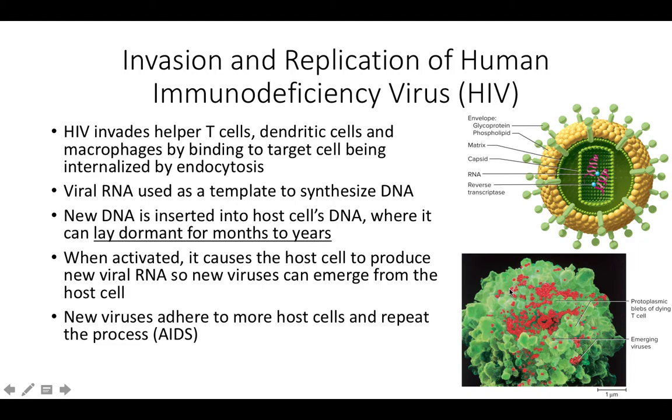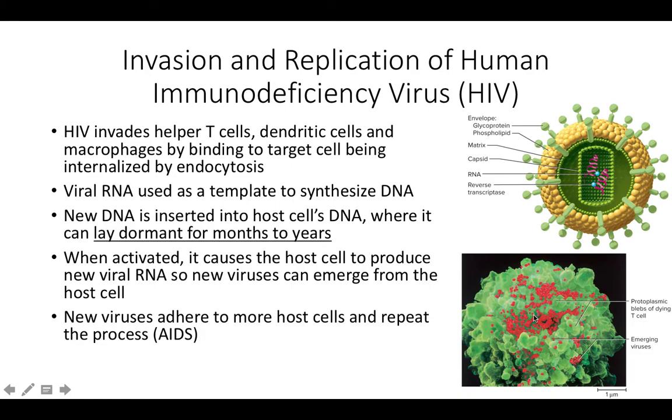And once it gets in there, it can stay in there for months to years. Okay, some people live 10 years without ever having developed AIDS from HIV. But when it is activated, it causes the host cell to produce this new viral RNA so that new viruses can emerge from the host cell, which is what you see down here.